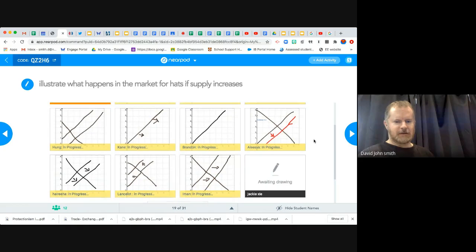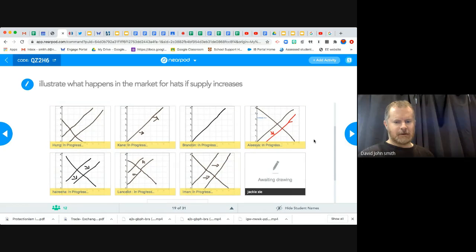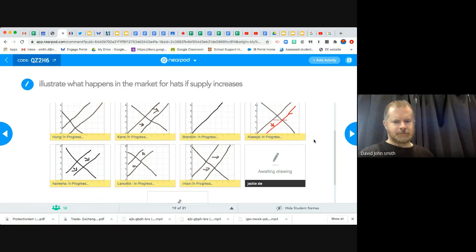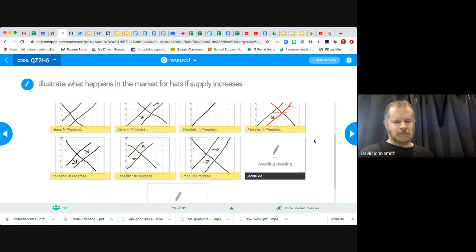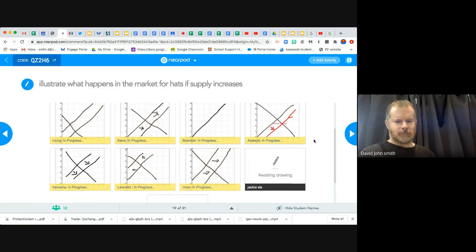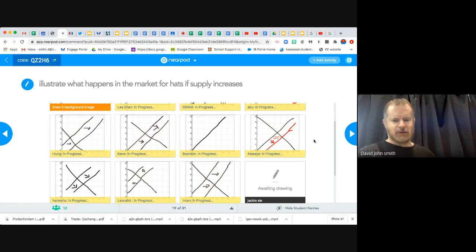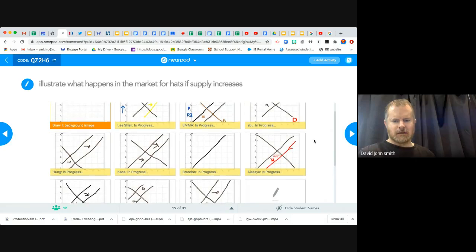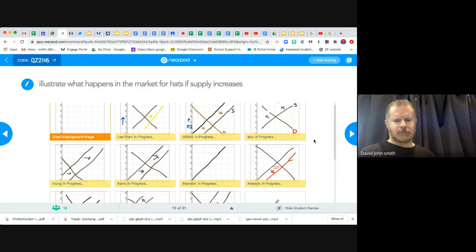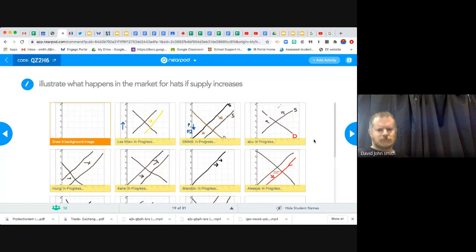Supply and demand, supply curve shifting to the right. Your arrows seem to suggest, Lancelot, that your supply curve is moving to the left. We want it to be moving to the right. Very good, Emma. Well done. I like it.